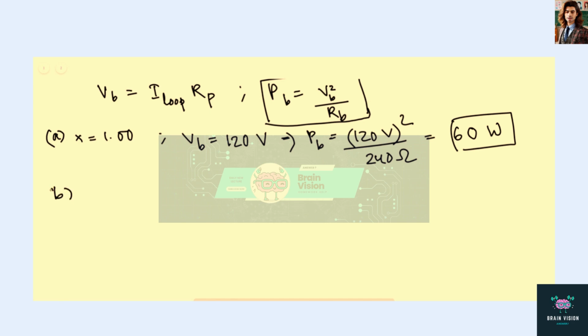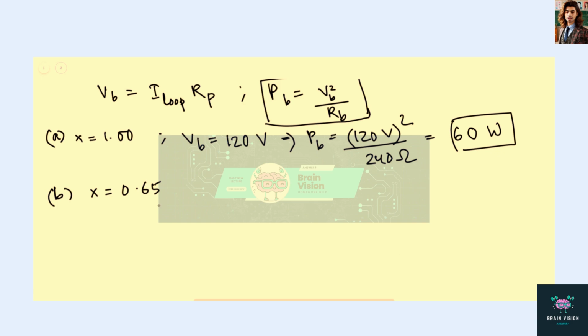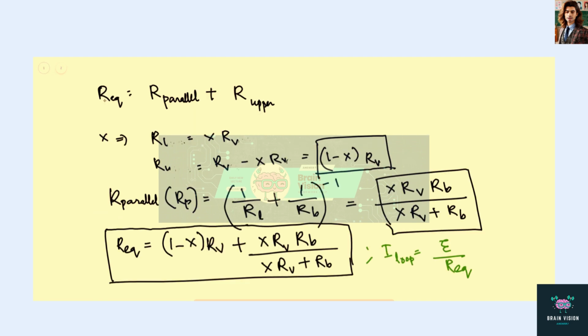Now coming to the second part, we need to consider the case in which X is equal to 0.65, because the resistance of the lower potentiometer is 65% of R_V. So now we need to find R parallel. R parallel will be given by this equation.